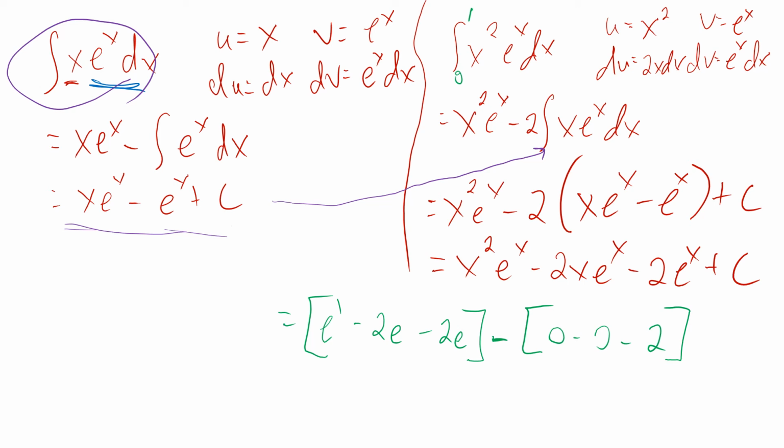Then combine our like terms. We have e minus 2e minus 2e. That's going to be negative 3e minus negative 2, is plus 2. So if we have a definite integral, we do it the exact same as we do any other definite integral. Use the fundamental theorem of calculus, find the antiderivative, plug in the big one, minus plug in the little one. That's what we've got.